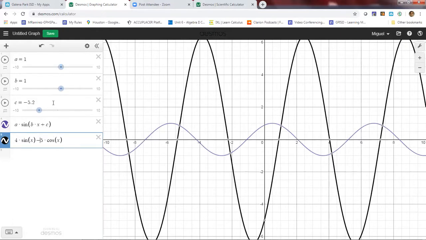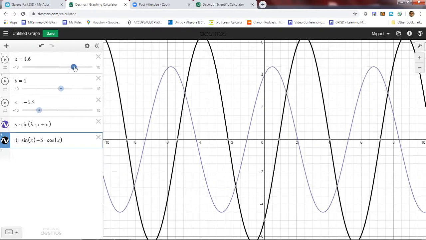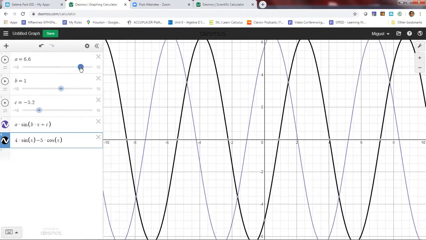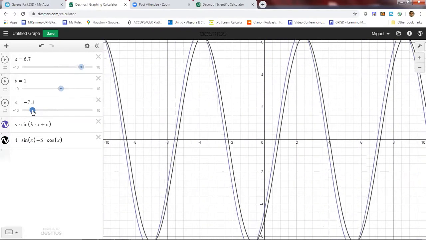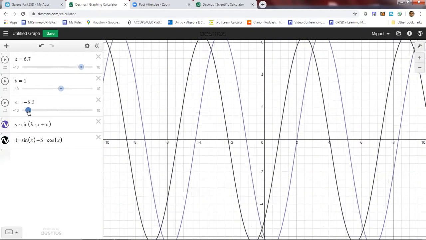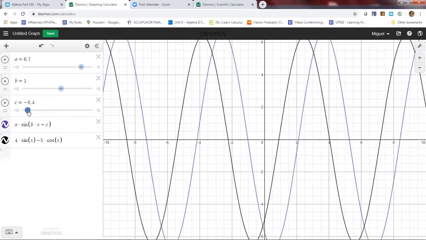Okay, now let me just put here the numbers. I found the b is 1, so I keep this one. A is 6.71. 6.7, it's pretty much the same. And now let me just explore negative 0.841. Negative 0.84.